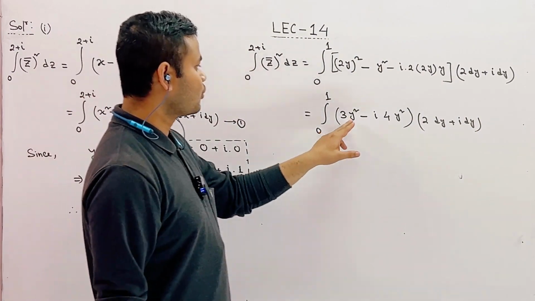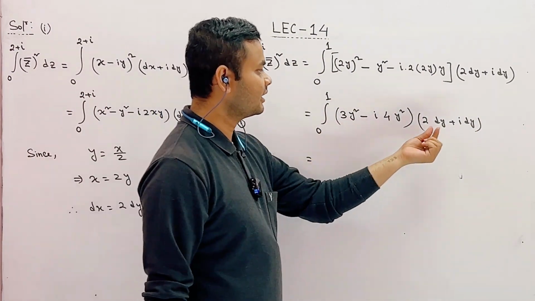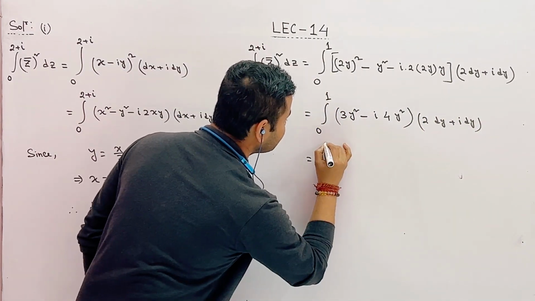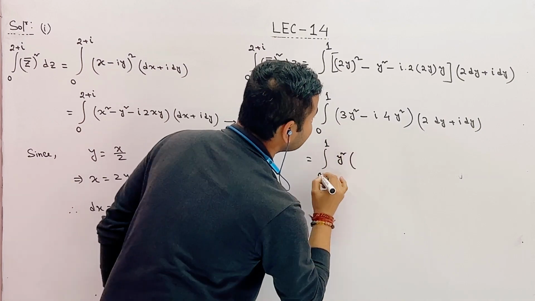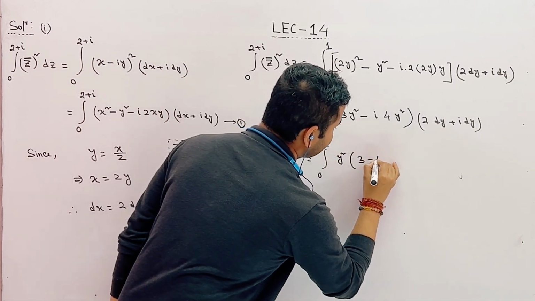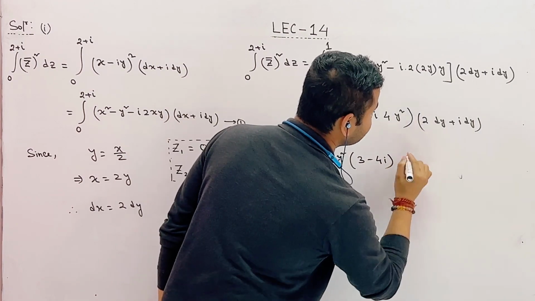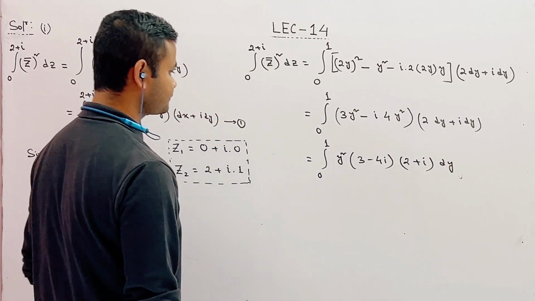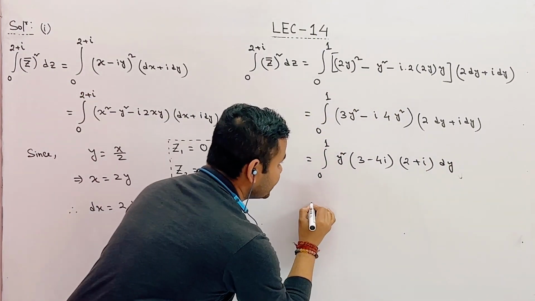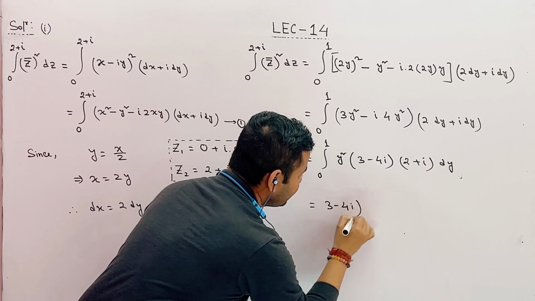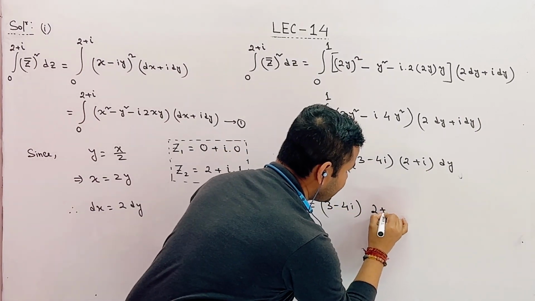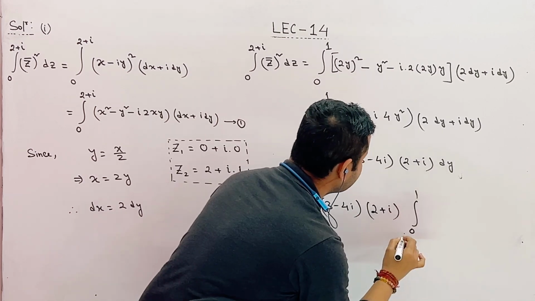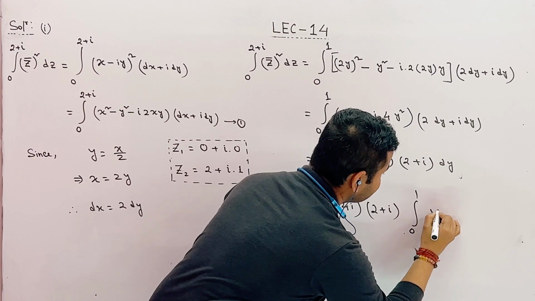Now let us take y square common from this term and dy common from this term. So finally we will get the integral from 0 to 1 of y square into (3 minus 4 iota) into (2 plus iota) into dy. So we get (3 minus 4 iota) into (2 plus iota) times the integral from 0 to 1 of y square dy.